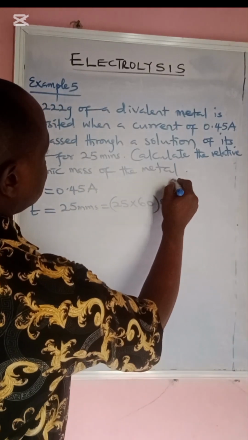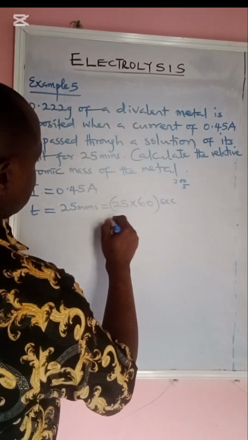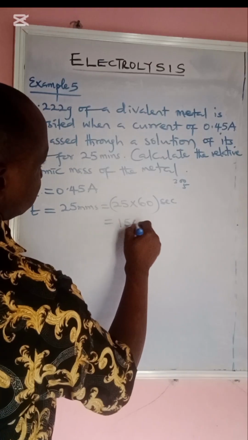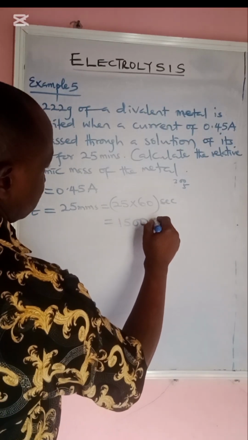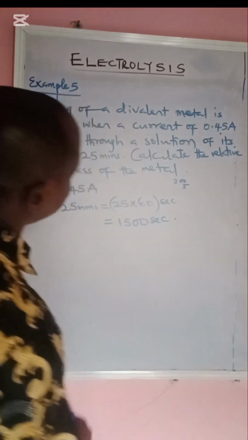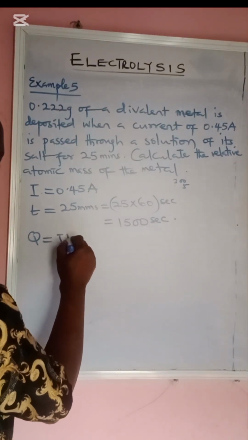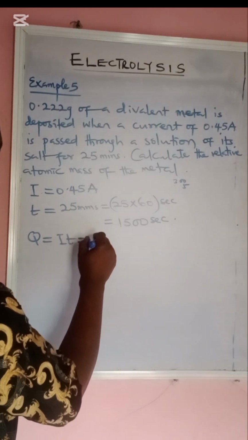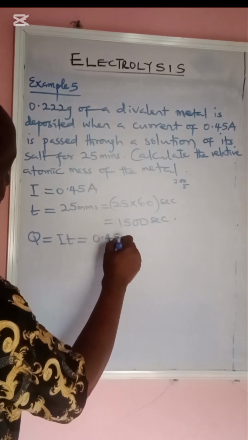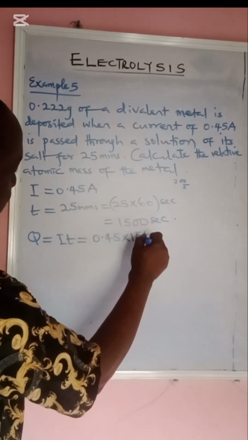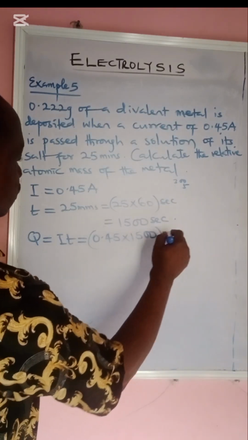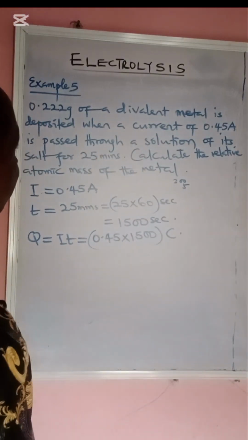So this one will be 300 times 5, it will be 1500 seconds. That is time. So our Q is equal to IT, our I is 0.45 times 1500, in coulomb.